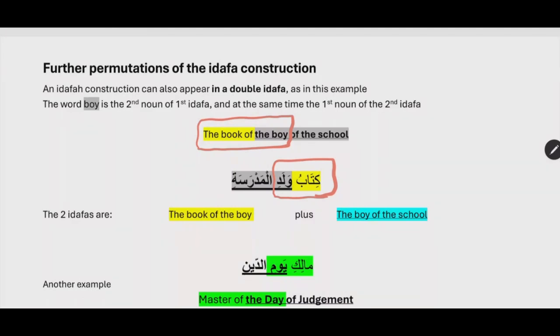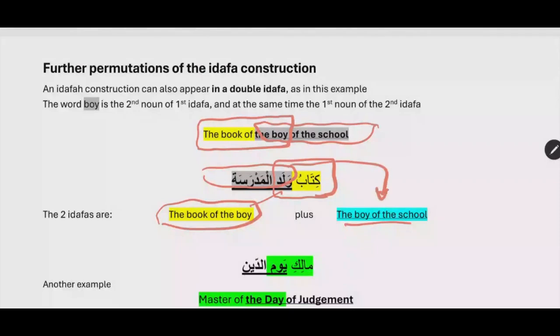But because of the second idafa, the boy of the school, there are two idafas, so you're separating it. The one is the book of the boy, and then the boy of the school is the second idafa.